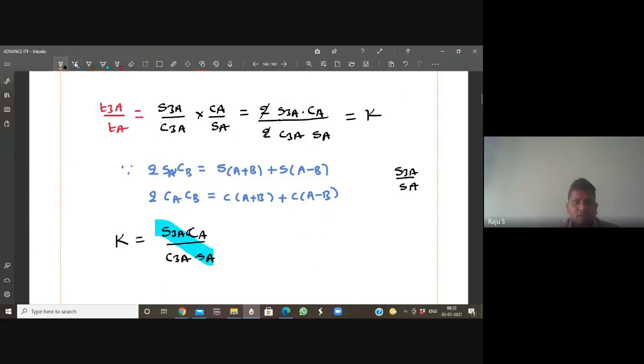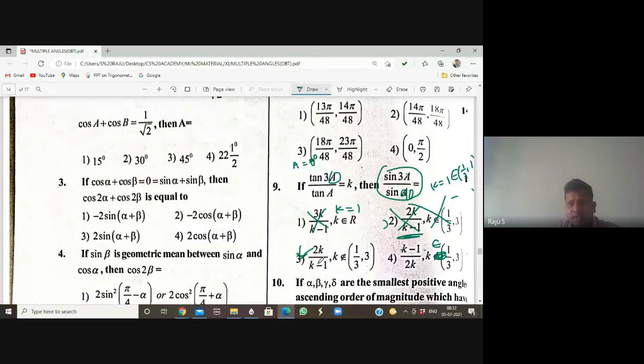So here two ways are there. You can find cos 3a by cos a in terms of k. Is it easy to find that in terms of k? Yes. When you observe the options, they are given like k minus 1, some with 2k, some with 3k.